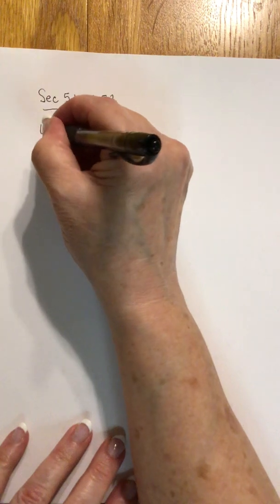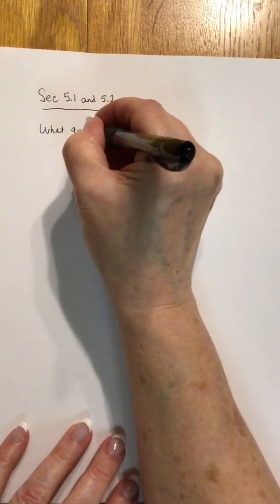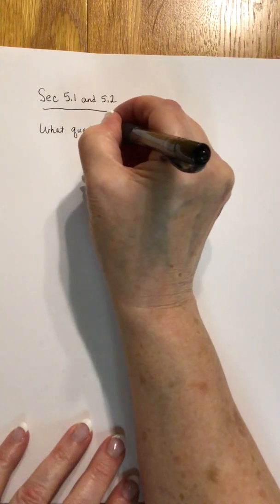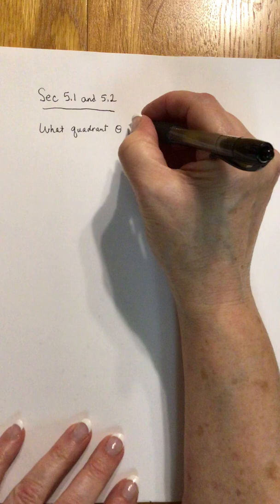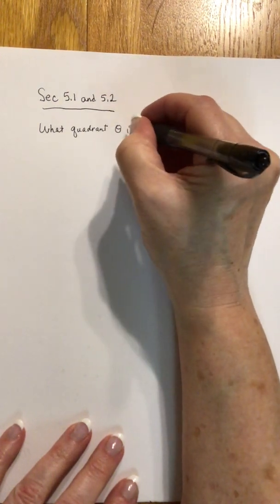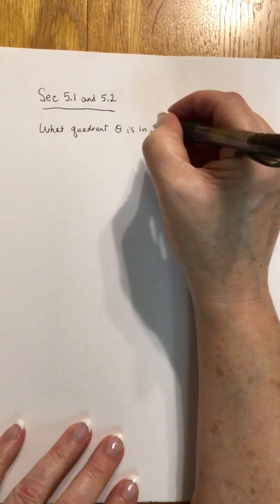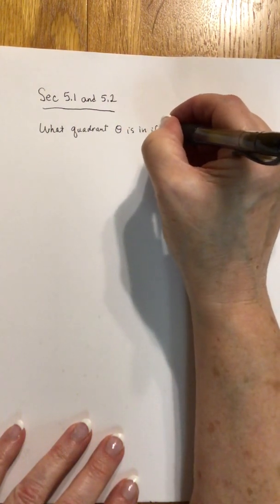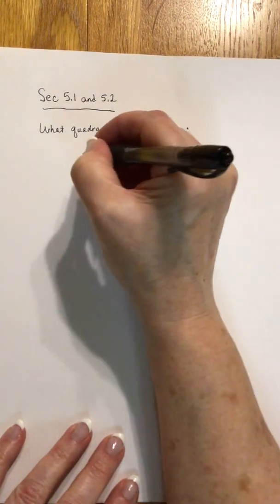So the first thing we're going to look at is what quadrant theta is in. Now we said theta was the name of an angle. I'm going to give you several choices.